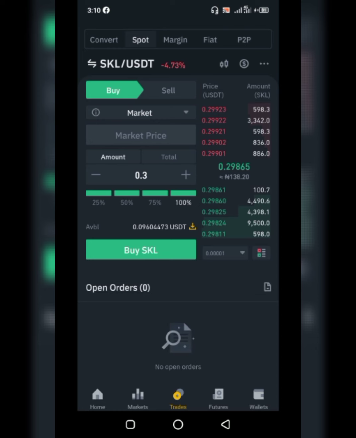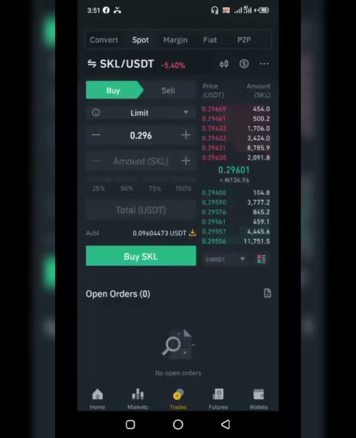So if you receive a signal, the buy zone may not be the same as what you will find in the market. That is why they always tell you the buy zone, so you can set the limit. But if the signal is a little bit late and you see the price appreciating, you set the market order there. Buy it for me.